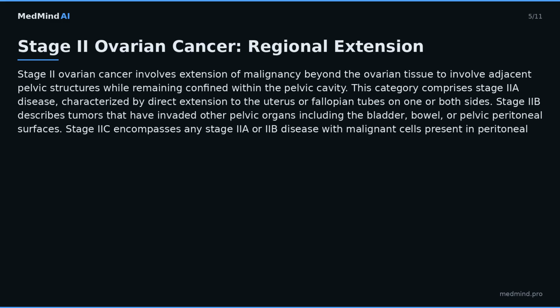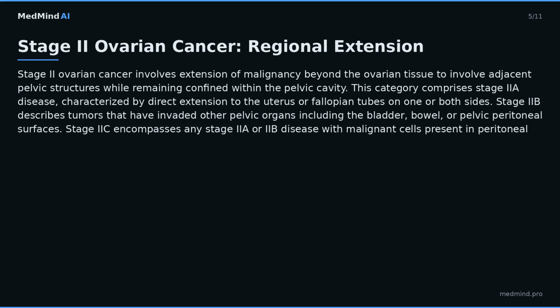Stage 2 ovarian cancer, regional extension. Stage 2 ovarian cancer involves extension of malignancy beyond the ovarian tissue to involve adjacent pelvic structures while remaining confined within the pelvic cavity. This category comprises stage IIA disease, characterized by direct extension to the uterus or fallopian tubes on one or both sides.